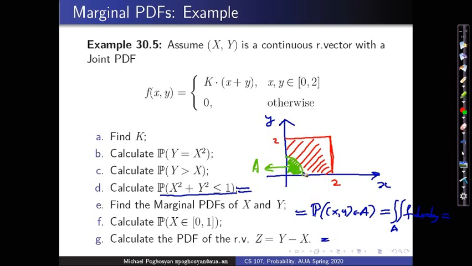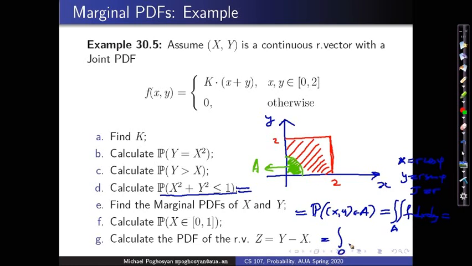Okay, I need to describe this region A by using polar coordinates. I'm using x equals r cosine phi, y equals r sine phi, and the absolute value of the Jacobian is r again.